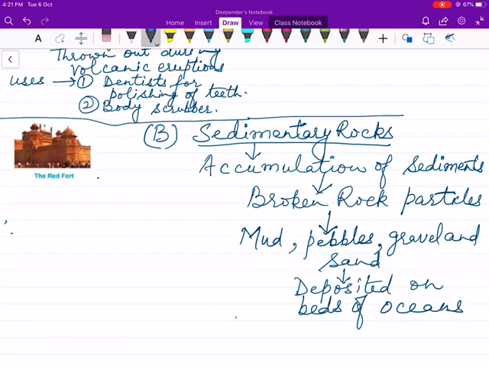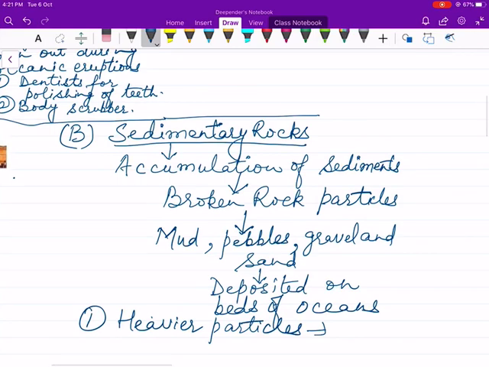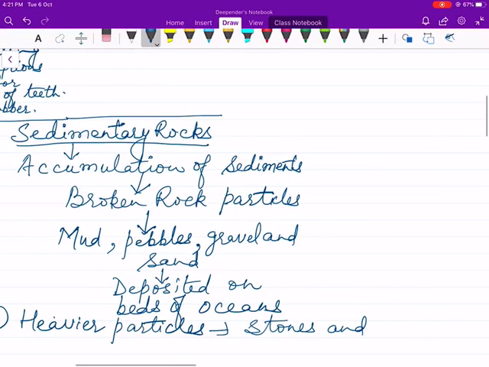If we see the first one, that is heavier particles. These heavier particles include the stones and pebbles. They are deposited at the bottom, or they settle down first.